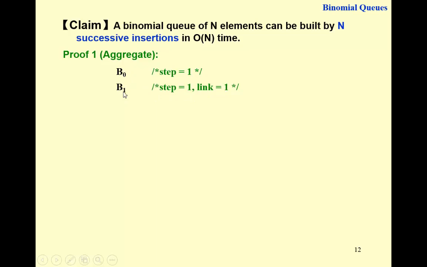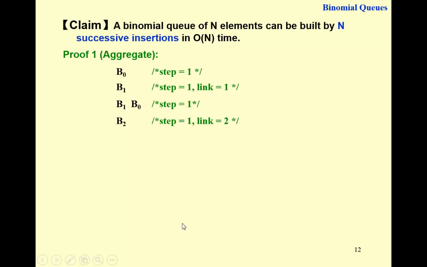But there's still one tree only, with b sub 0 being empty, right? It takes 2 steps. All right, and when the third node comes in, it will be the simple case again. It takes only one step to create one node. All right, now here comes another bad case. When the fourth one comes in, we obtain b sub 2 by creating one node and making 2 links, right?